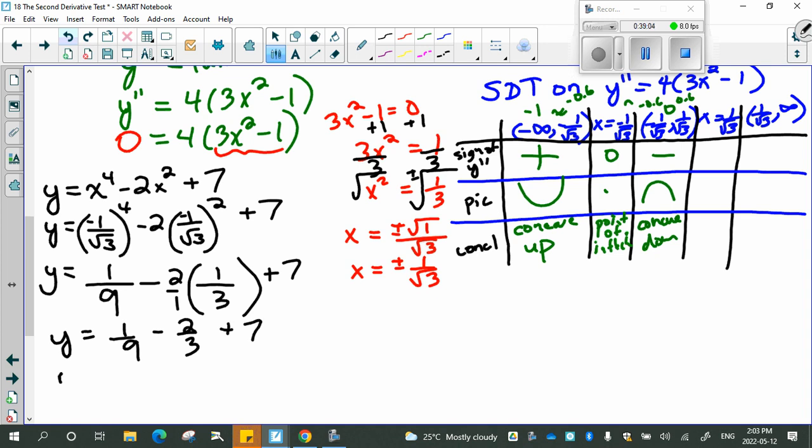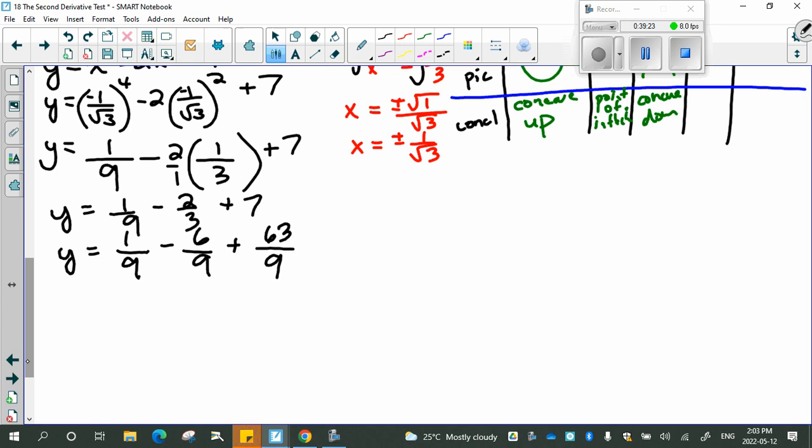And now I need a common denominator of 9. So 3 times 3, 2 times 3. So 1 minus 6 plus 63 is 58 over 9. So then my point of inflection is at negative 1 over root 3, 58 over 9.